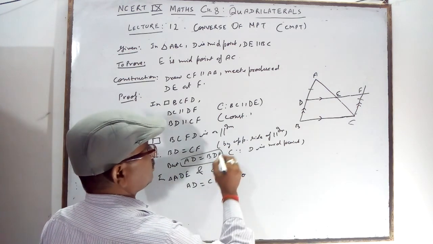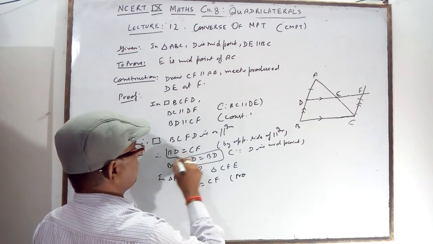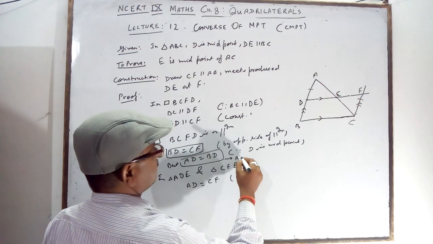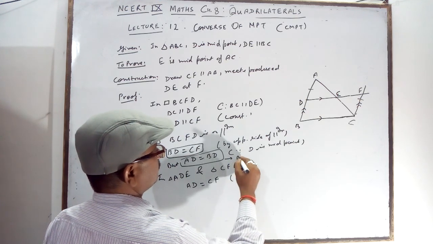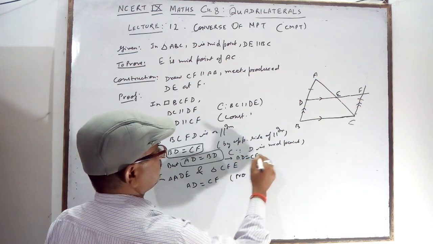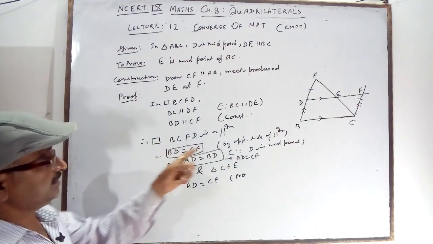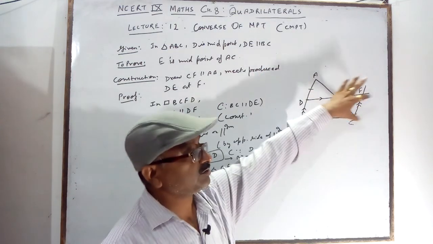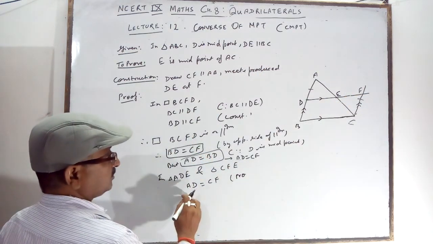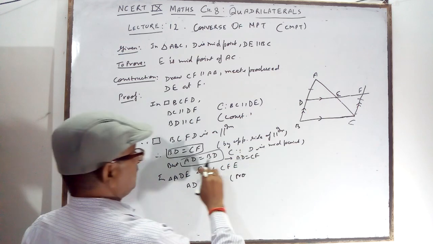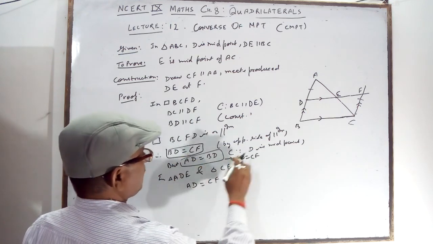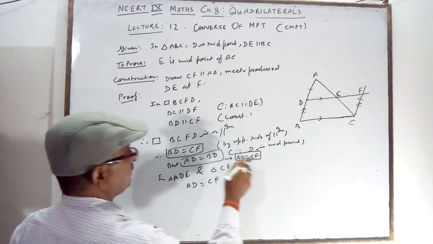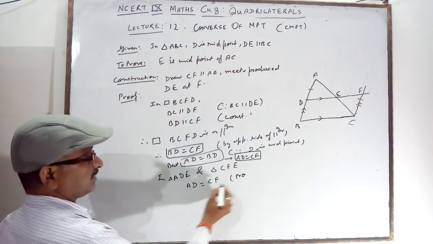So AD is equal to BD and BD is equal to CF. By these two, what are you getting here? BD is equal to CF and BD is equal to AD, you are getting AD is also equal to CF. This is a very important part. AD is equal to CF, proved above.